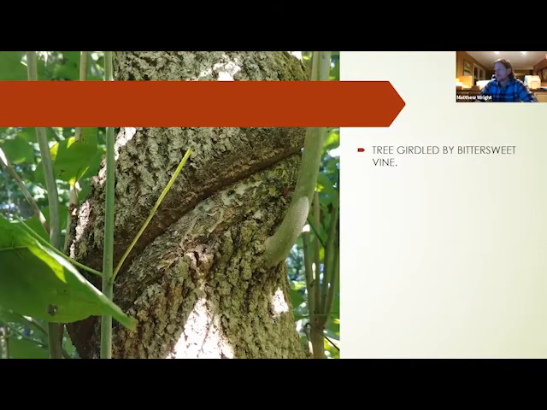This was a planting that was an older planting. It was a pretty large tree, but this tree was girdled by a bittersweet vine. That's one of the few vines that will actually do this, but it's very abundant in the landscape, and once you get an infestation of this, it's hard to control.